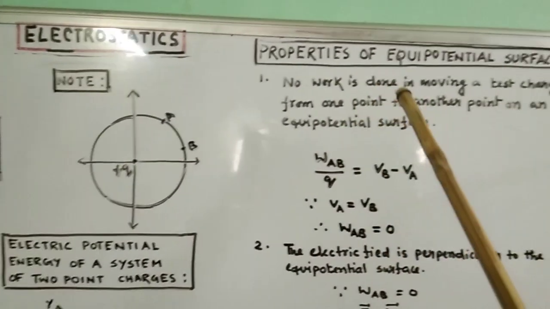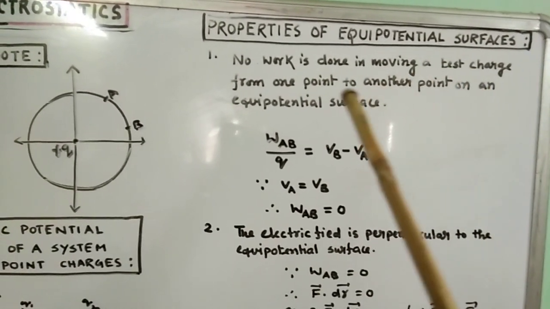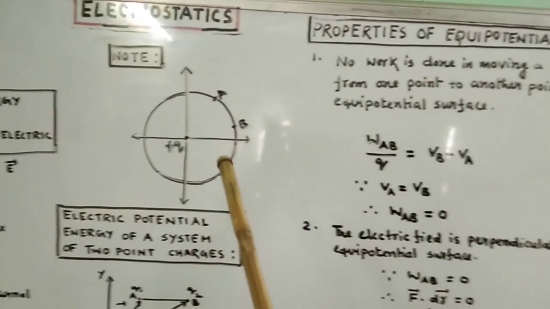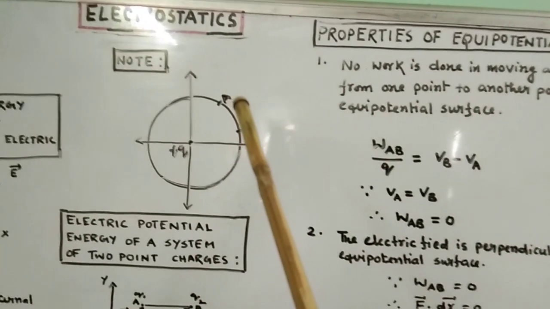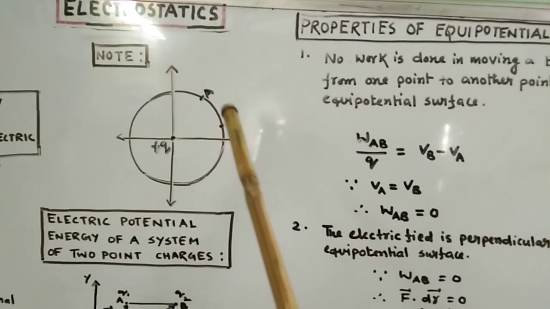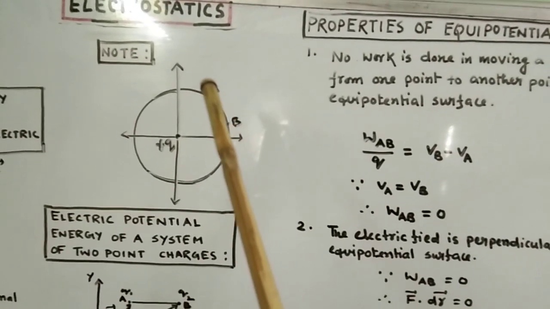Number one property says that no work is done in moving a test charge from one point to another point on an equipotential surface. If we consider two points A and B on the equipotential surface, and we take a charge from point A to point B, then you are not supposed to do any work.